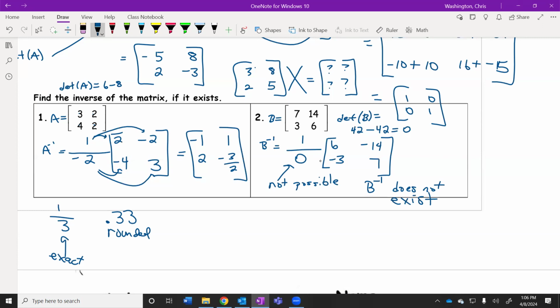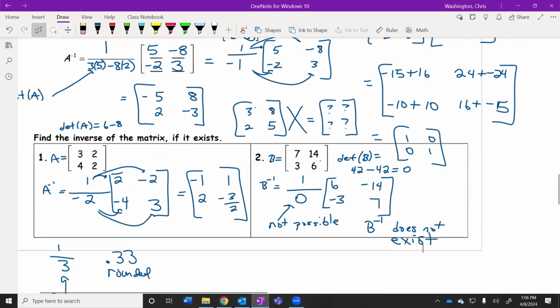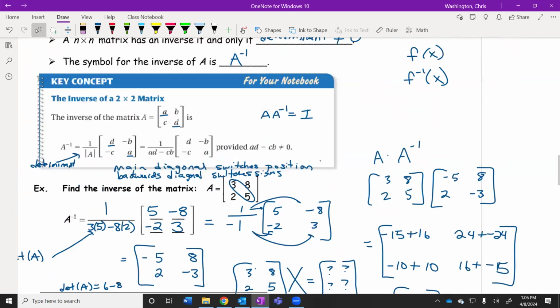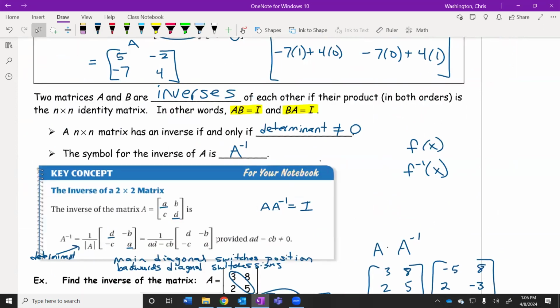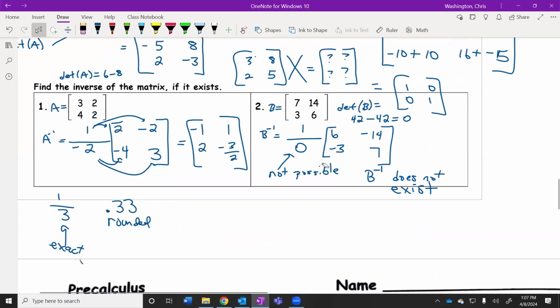Remember, we wrote down earlier in our notes, hey, if the determinant is not equal to 0, it has an inverse, if and only if the determinant is not equal to 0. So if the determinant is equal to 0, does it have an inverse? No. And what does it mean for it not to have an inverse?